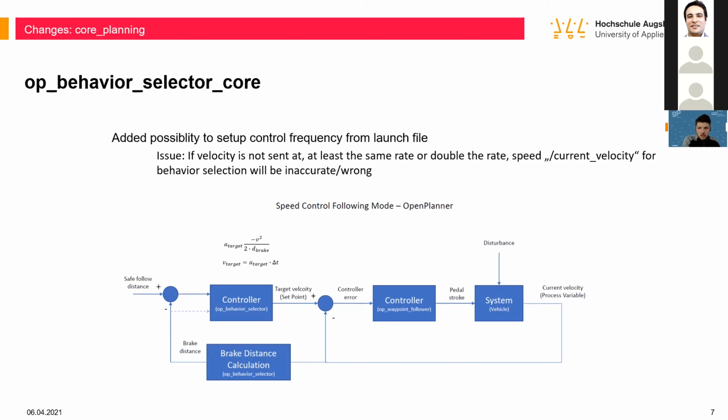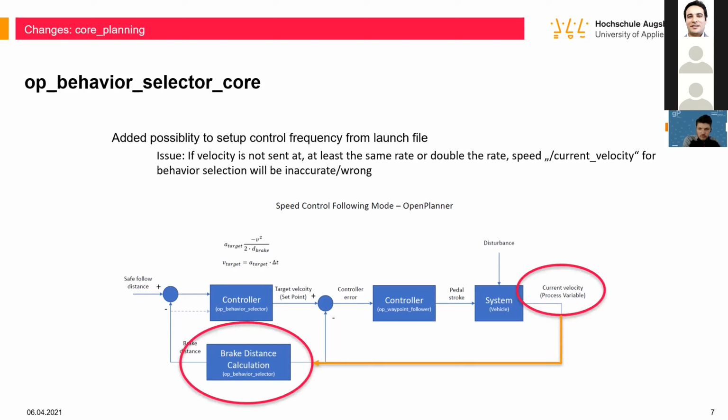You can see here that the current velocity is fed back to the OP behavior selector. If this is not fed in at a high enough rate, the behavior selector will calculate a less accurate velocity because of the integration with the accelerations. Now this is available in the launch file, so you can set up the frequency for that.